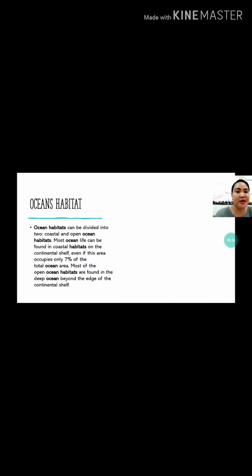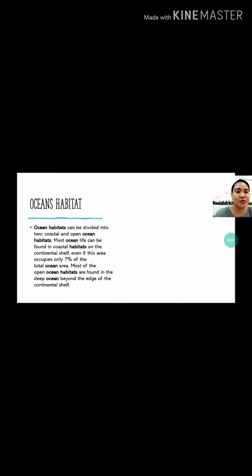Next, we're going to learn about ocean habitats. Ocean habitats can be divided into two, coastal and open ocean habitats. Most ocean life can be found in coastal habitats on the continental shelf, even if these areas occupy only 7% of the ocean. So there are a lot of animals and plants that can be found in the ocean.